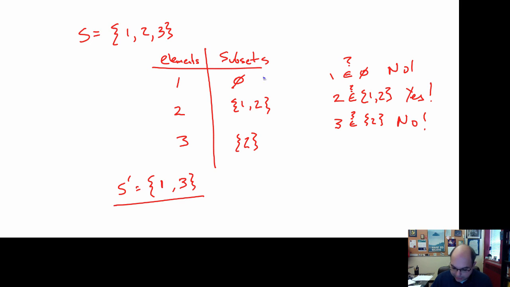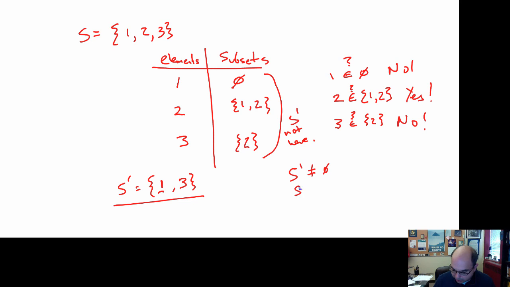Now notice that S prime is not any of these, and the reason is pretty clear. S prime is not equal to the empty set, which is S1, because S prime contains 1, but the empty set does not.